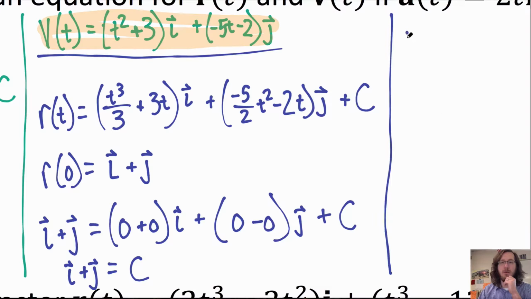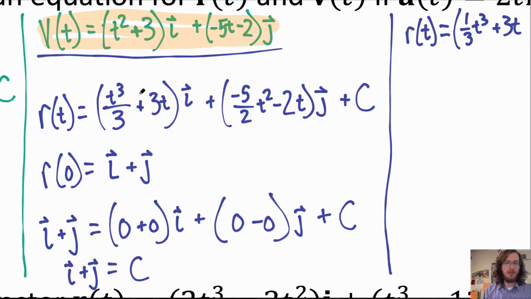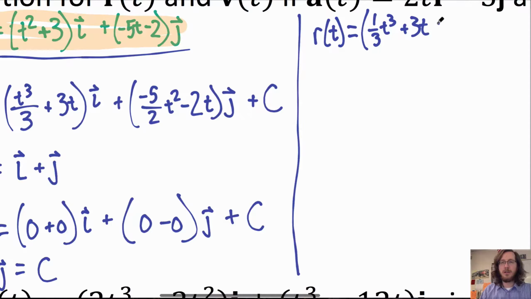Okay, so our r of t, we want to take let's call that 1/3 t cubed plus 3t from up here, and then we're going to add in this 1i that we have. So plus 1 in parentheses. All of that is our a value.